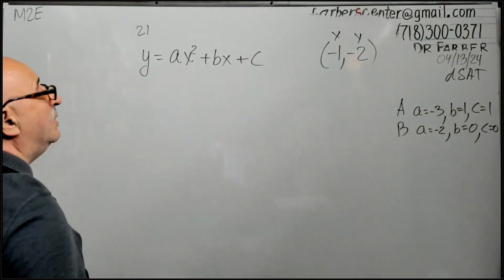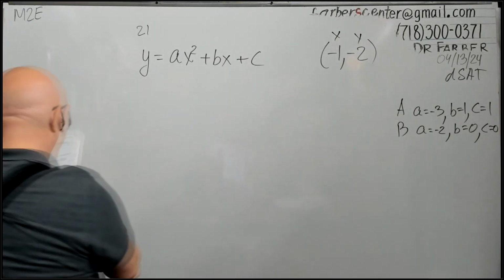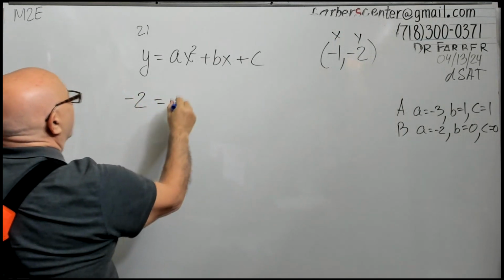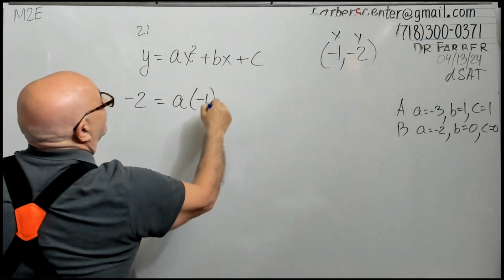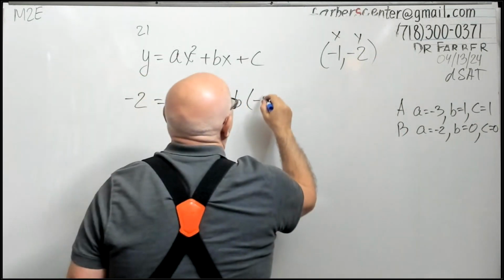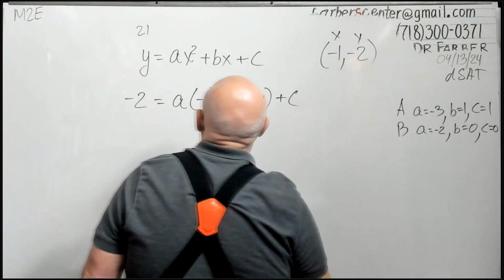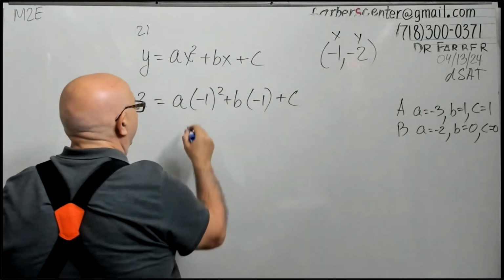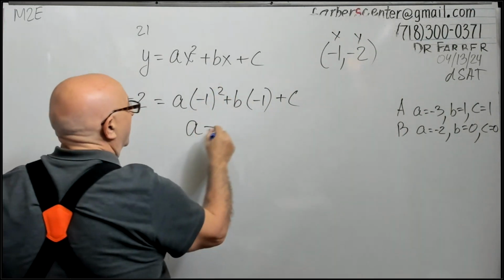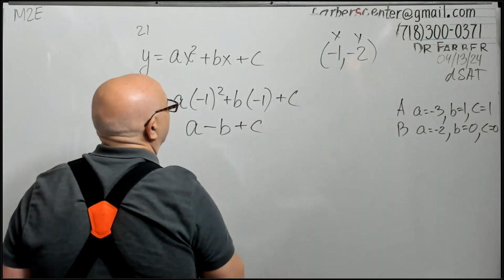Okay. And what do we have here? Instead of y, you put negative 2, which equals a times negative 1 squared plus b times negative 1 plus c, which is a, this squared is 1, minus b, plus c.